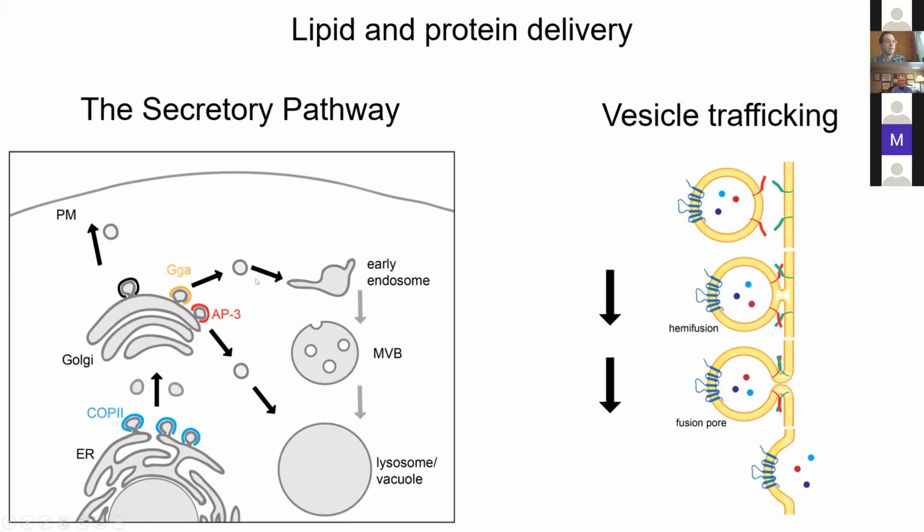It's important to realize that all these different coat proteins that are providing the selectivity are mainly interacting with other proteins in the membrane, and they're not necessarily sorting phospholipids. So the secretory pathway, while it's a wonderful method for delivering proteins to each organelle, can't account for the specificity of the lipidome of each organelle.